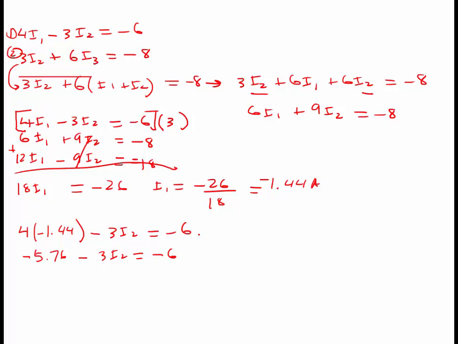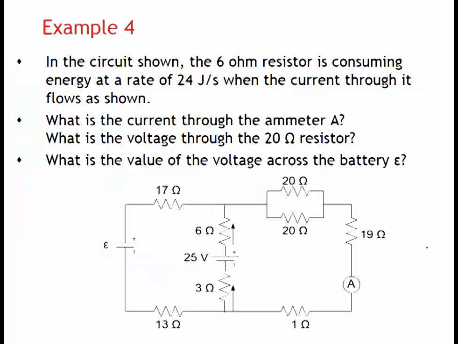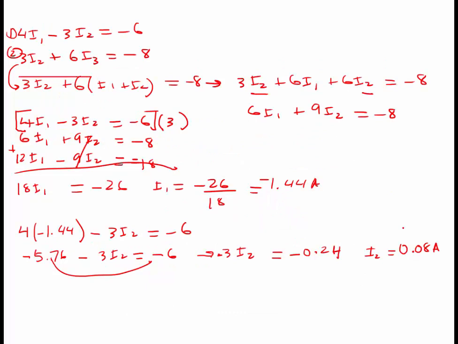So this comes out to be minus 3I2 is equal to minus 0.24, because plus 5.76 minus 6 gives me minus 0.24. Therefore, if I solve for I2, I2 comes out to be 0.08 amps.